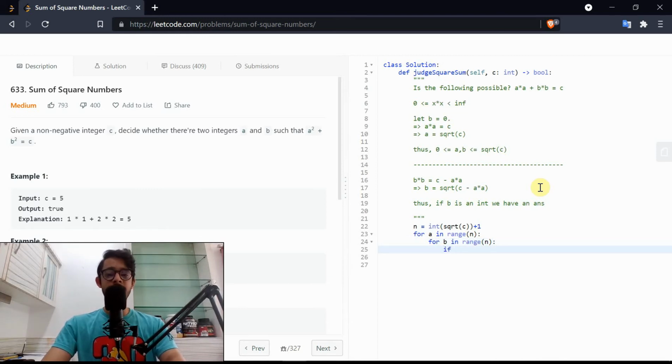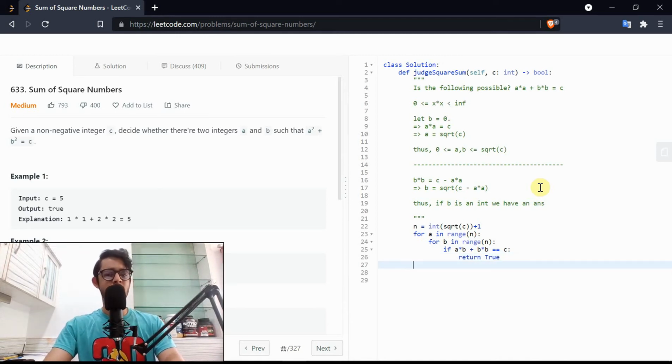And now it's as simple as computing a star a plus b star b is equal to c. If this original condition is satisfied, return true. Unfortunately, in case you don't find any such possible combination, you can return false. And that is it. That is the entire solution.